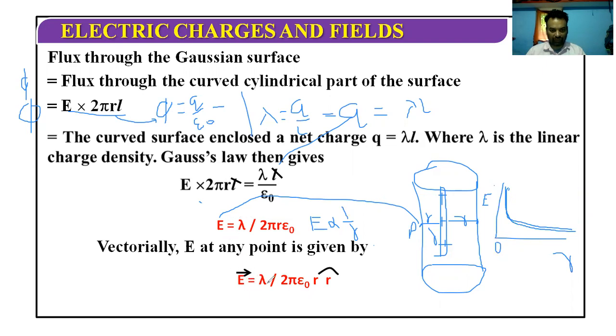So vector E is equal to lambda upon 2 pi epsilon naught R, times the unit vector R. So the actual equation is E equals lambda upon 2 pi epsilon naught R, times R unit vector, with a cap over the R. So this becomes the final equation of electric field in vector form.